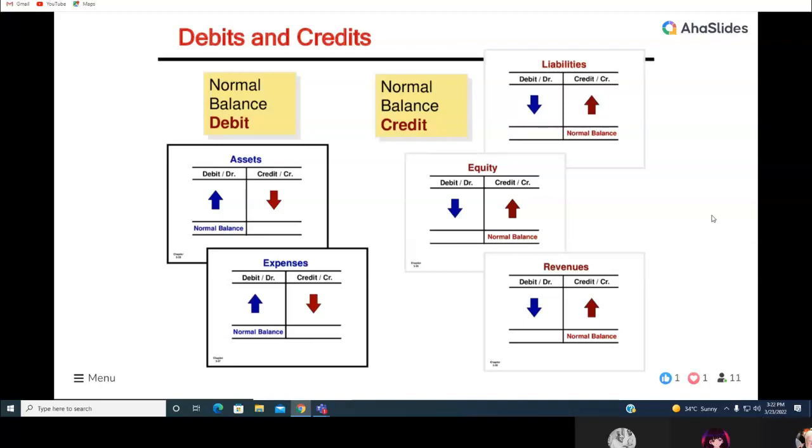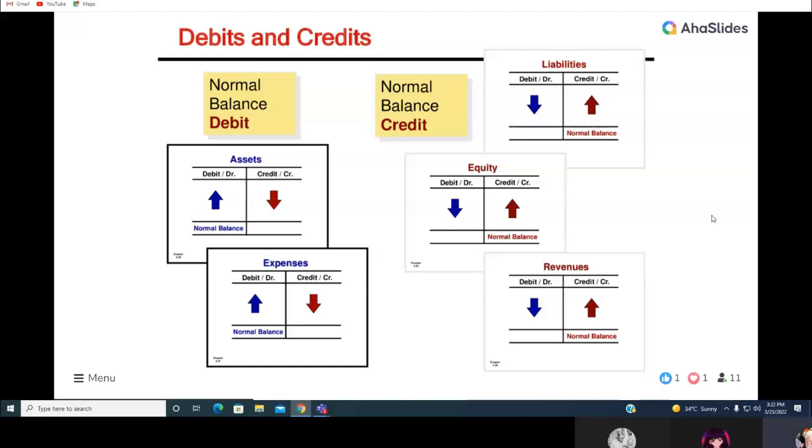Again, assets, if a transaction increases an asset account, I will record that increase in that asset account on the debit side. If the transaction decreases an asset account, I will record that decrease on the credit side. It's as simple as that.